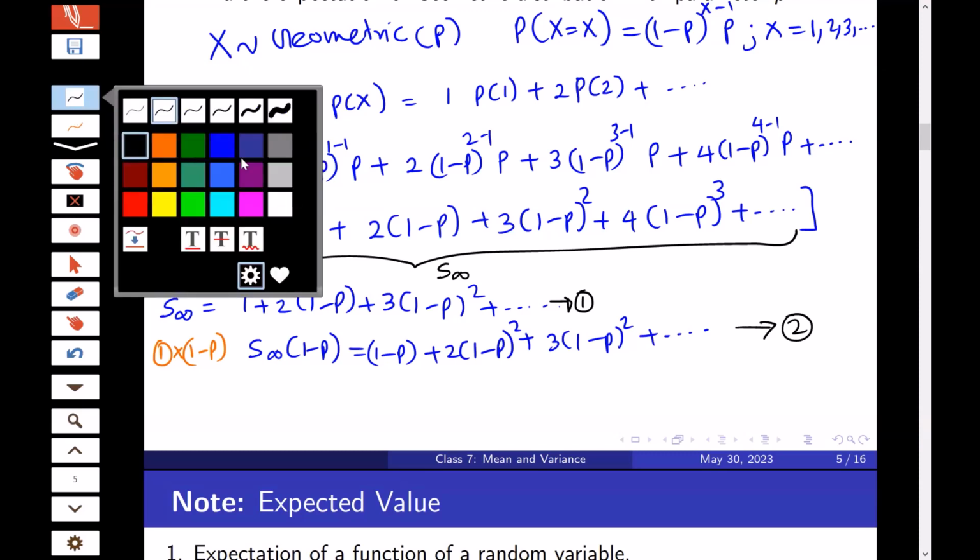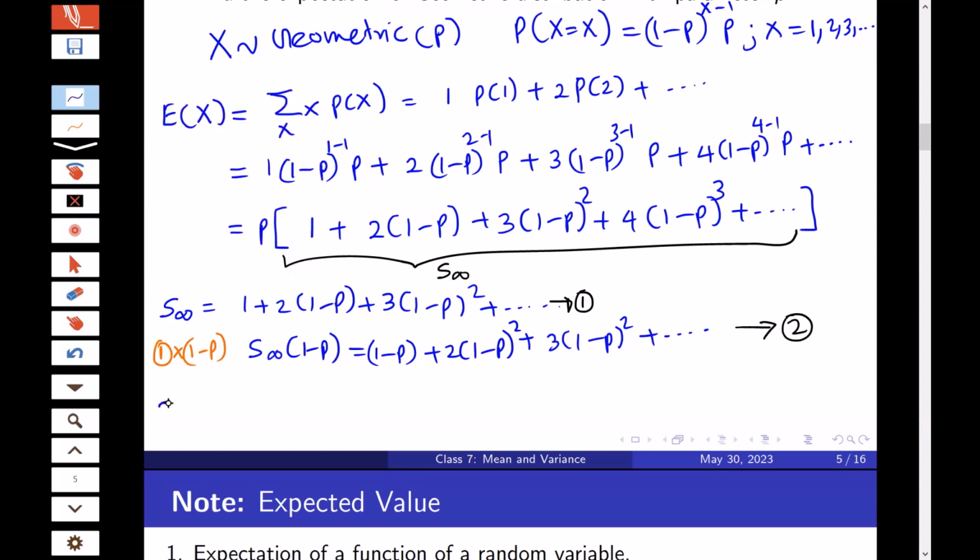Now let's subtract the second equation from the first. I have S infinity minus S infinity times (1 minus p). From the first term, I have nothing to subtract from 1.